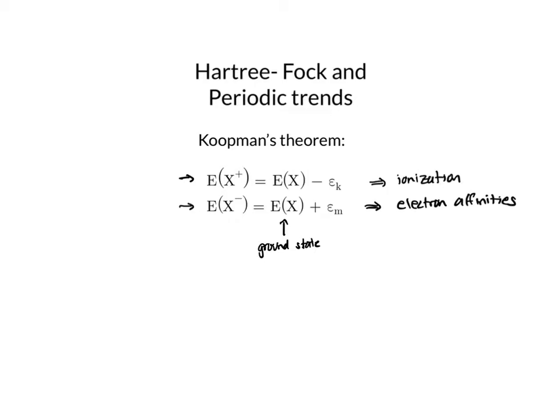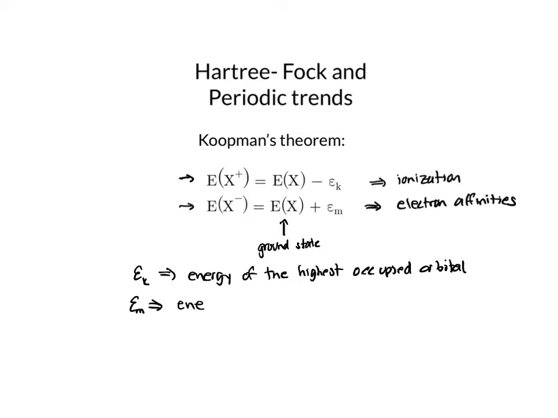So the epsilon sub k is the energy of the highest occupied orbital, and epsilon sub m is the self-consistent field orbital energy of the lowest unoccupied orbital.